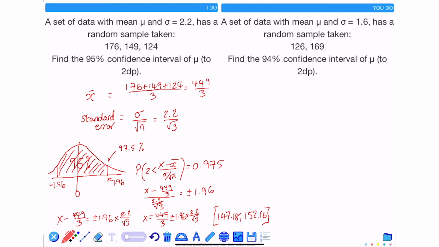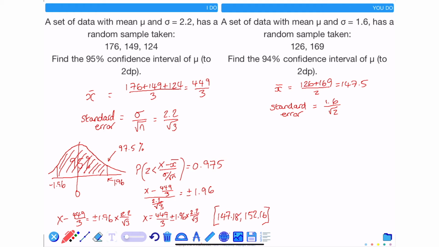As we did before, we need to calculate the sample mean and the standard error. So x bar will equal 126 add 169 divided by 2, which is 147.5, and also the standard error, which is 1.6 divided by the square root of 2.